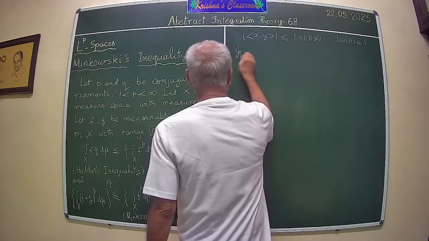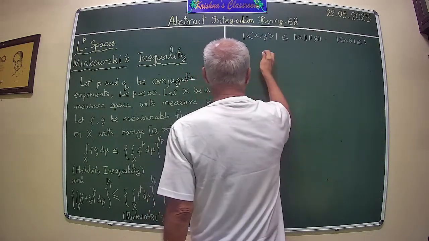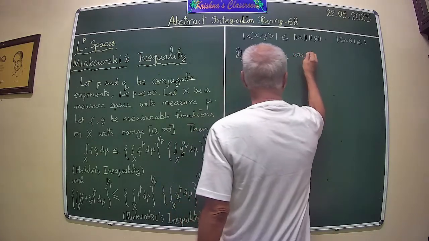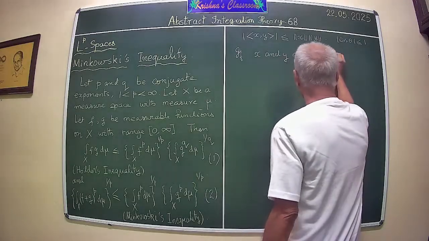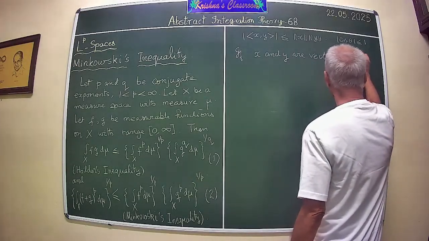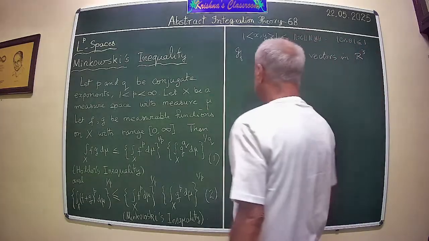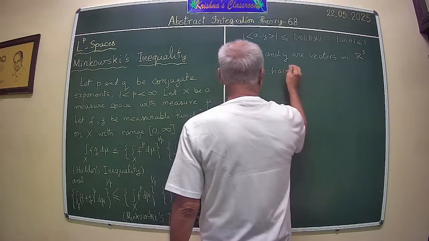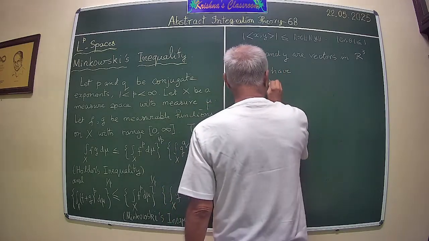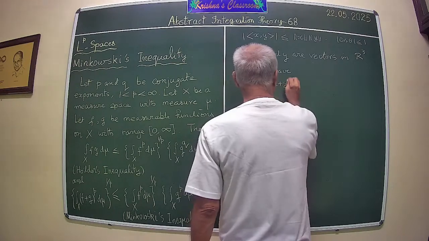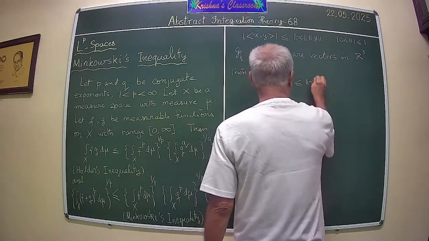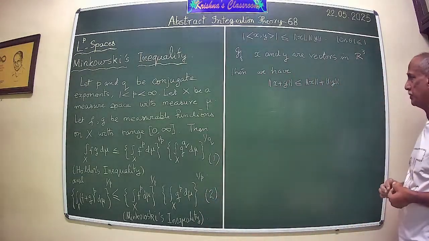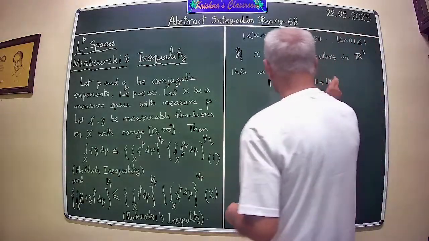If x and y are vectors in R3, then we have that the length of x plus y is less than or equal to the length of x plus the length of y.